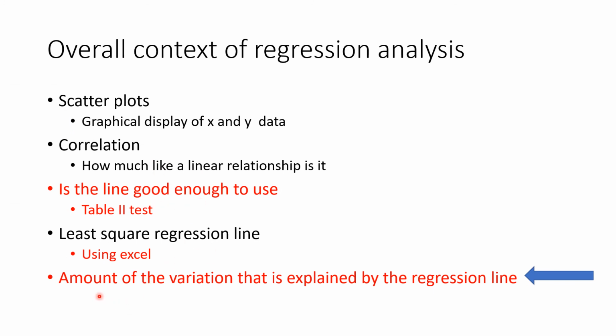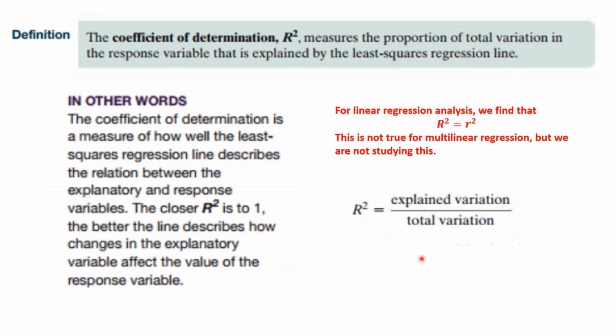The last topic is we want to talk about the amount of variation that is explained by the regression line. And this is determined by what we call the coefficient of determination. It is denoted by capital R squared. And this measures the proportion of the total variation in the response variable that is explained by the least squares regression line.